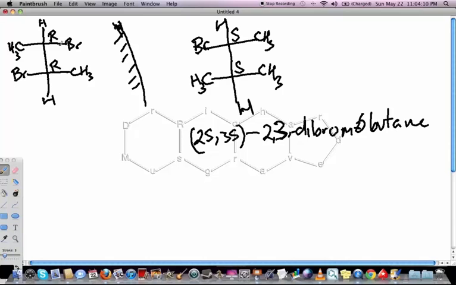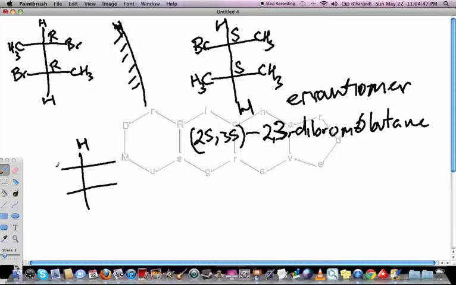What I'll do is I will leave the top one the same and I will flip the bottom one. Now to get the diastereomer, I can just flip two of the groups attached to the chiral center. Just move the CH3 over here and move the Br over here. If I do that, that'll switch the R to the S. So this is an enantiomer. And this will be a diastereomer.